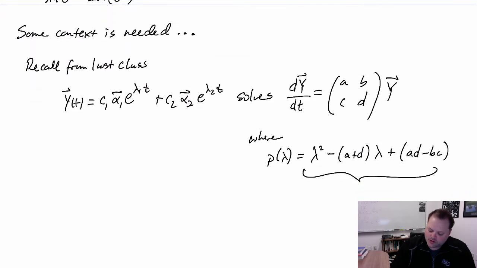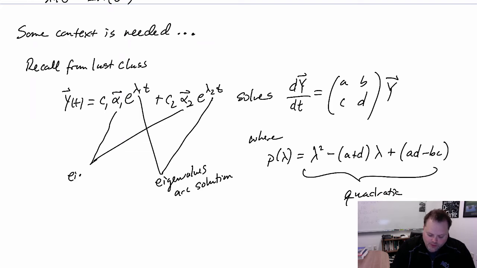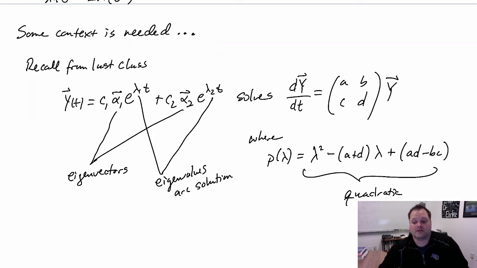This is a quadratic function known as the characteristic equation. By solving this, you come up with lambda, which gives me two eigenvalues. And once you have those eigenvalues, you can solve for alpha 1 and alpha 2, which are the eigenvectors. We did this in Monday's video lecture if you want to go back and look at it.